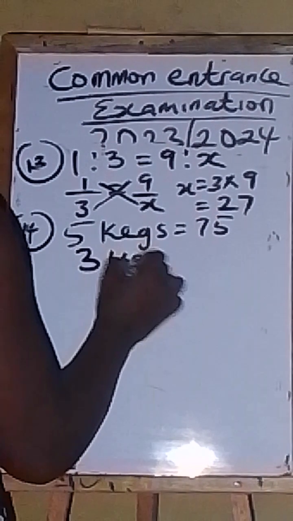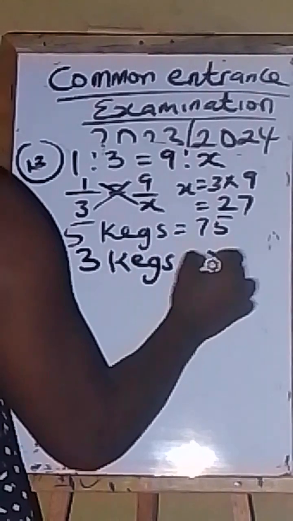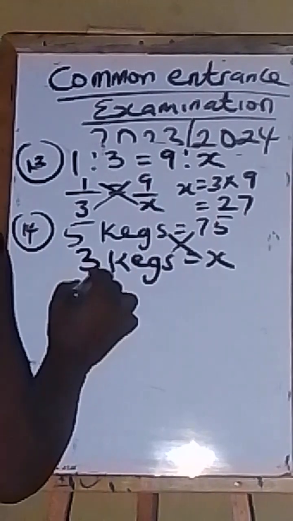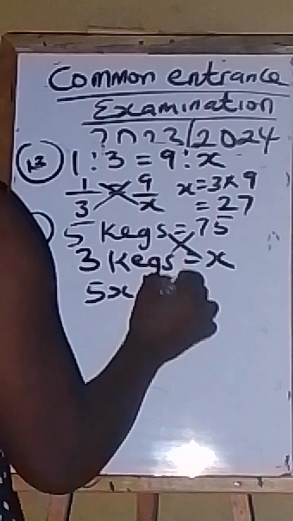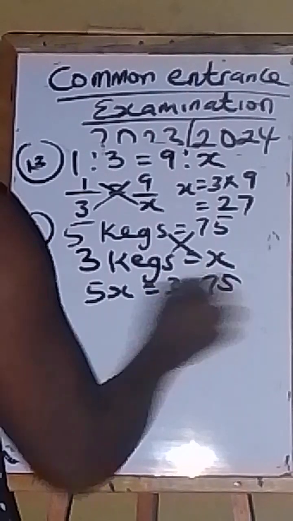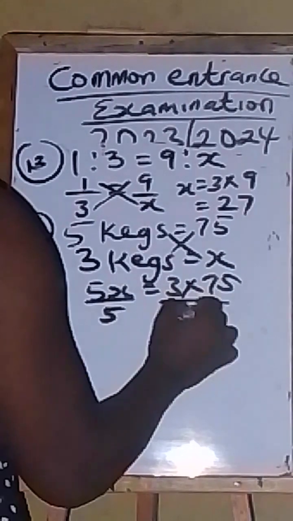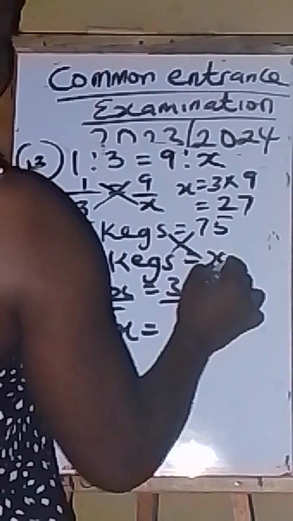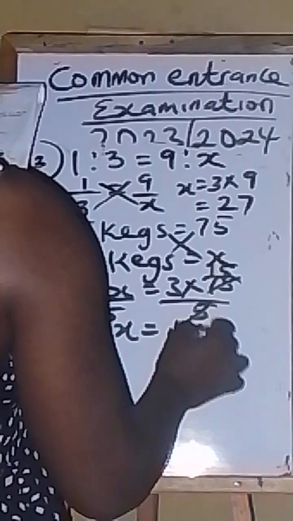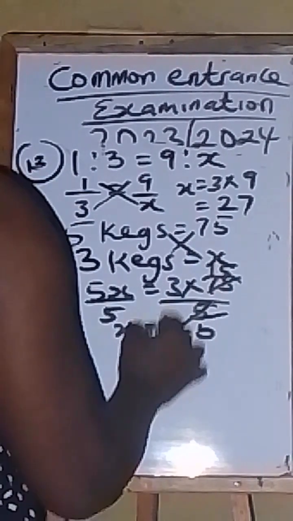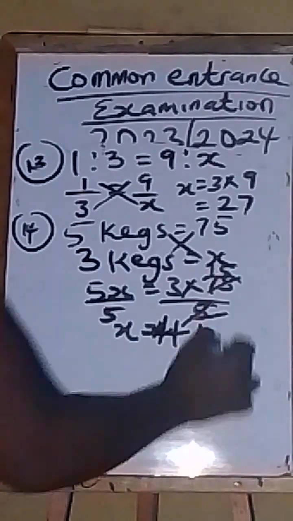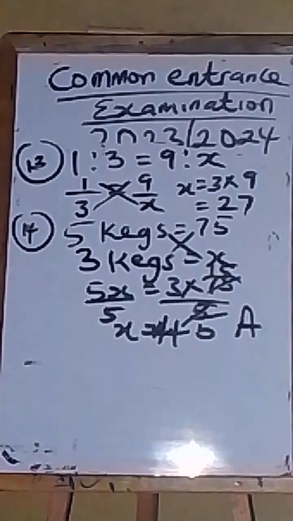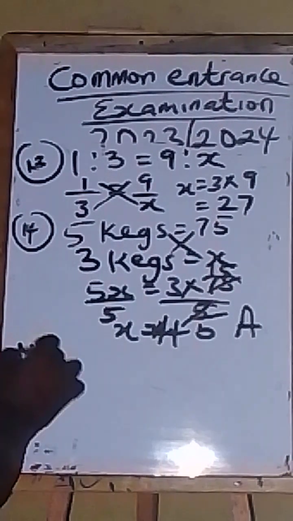We can represent this as 5x equals 3 times 75, divided by 5, so x equals 5 times 3, which is 15. So we have 45. So he will pay 45 naira. That's B.